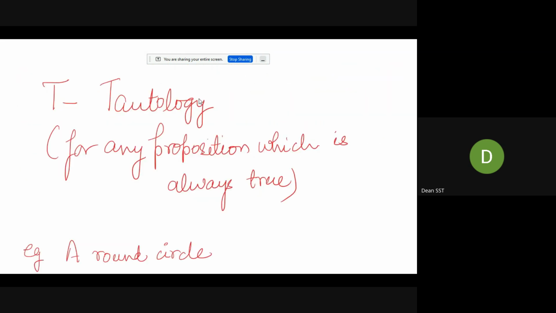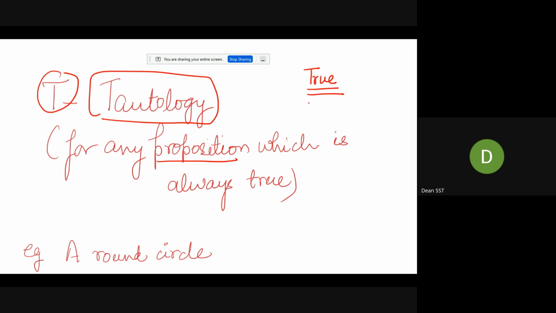In the previous session, we studied propositions. Now let us start with tautology. What is tautology? Any proposition whose value is always true is a tautology. While creating a table, suppose P is a proposition. Under P, if we always get the value true, then we can say that P is a tautology.